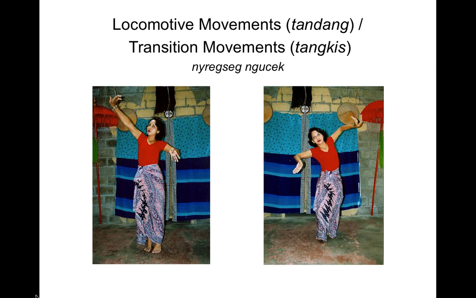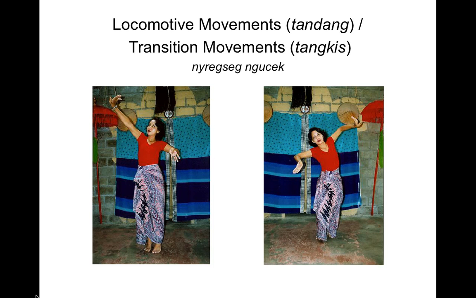And here is an example of a locomotive movement called the nrengseng chuk. And it's quite hard to talk about it in pictures, but you can see that Happy is reaching up with her arms towards the right hand side, and she's on her tiptoes. And just imagine that she's then going to bring her right arm down and swing her left arm up so that her arms finish in the picture on the right hand side of the screen.